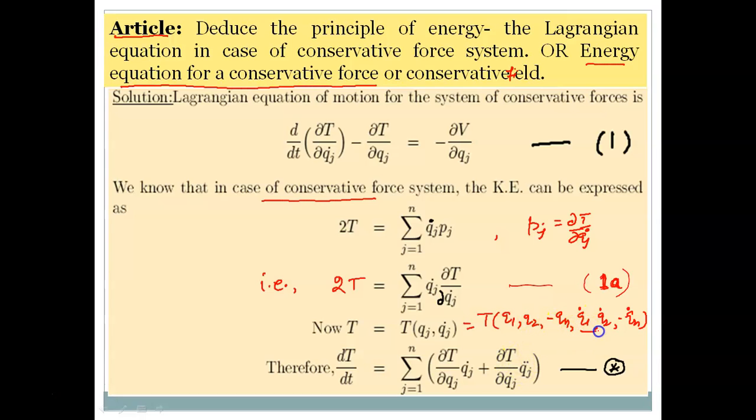Similarly, we will get del T by del q1 dot into q1 double dot plus del T by del q2 dot into q2 double dot, and so on and so forth. We will extend it up to n. So when we write it in compact form, it gives you the summation, j going from 1 to n, and this expression star.